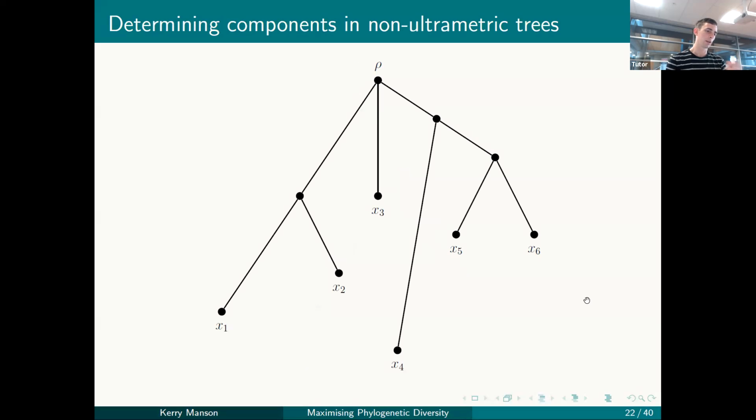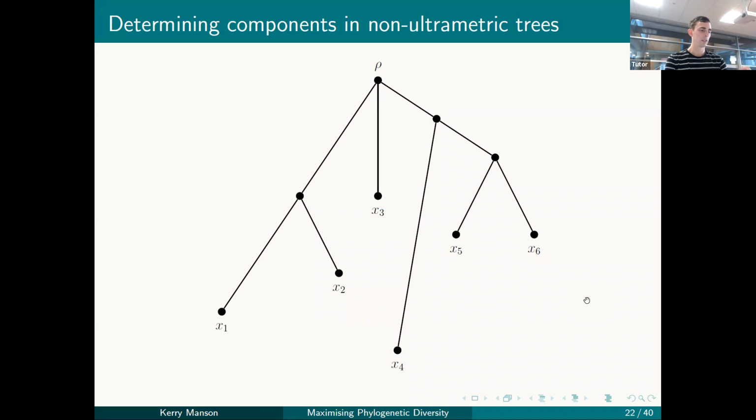So I'm going to give a quick run through of determining components in a contrived example of this non-ultrametric tree. We can see the situation I just talked about with X1 and X2 appearing in this tree as well, but we've also got X5 and X6, which look to be the same distance from their common ancestral parent.